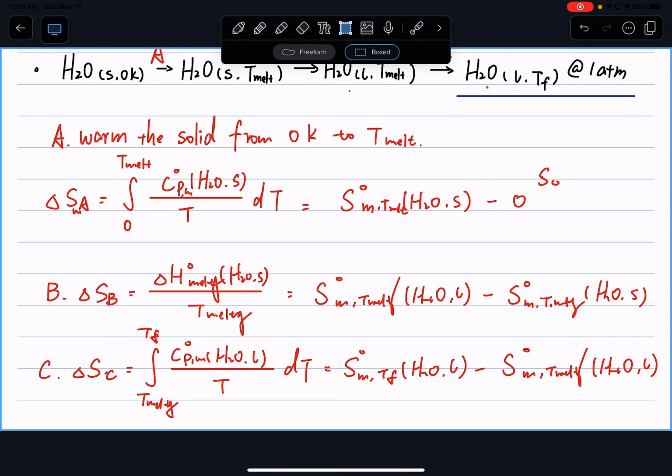What we effectively want is this term: the final conventional standard entropy of your liquid water at T final.